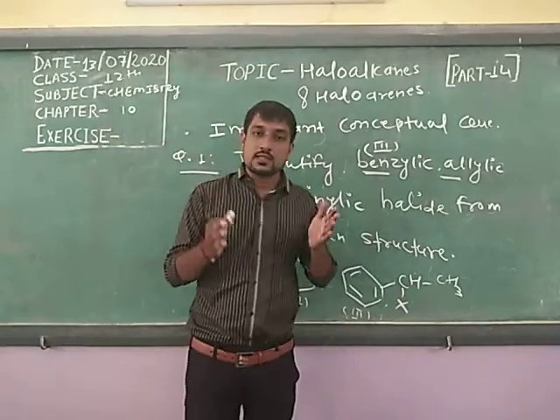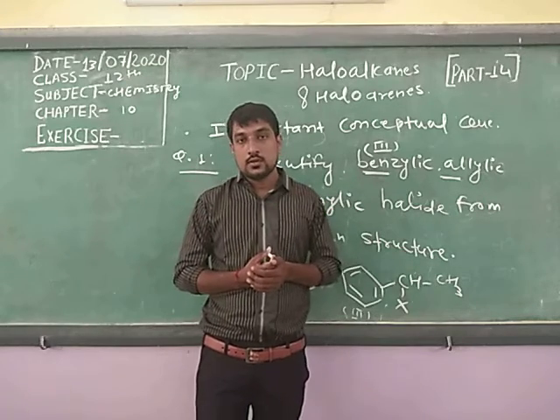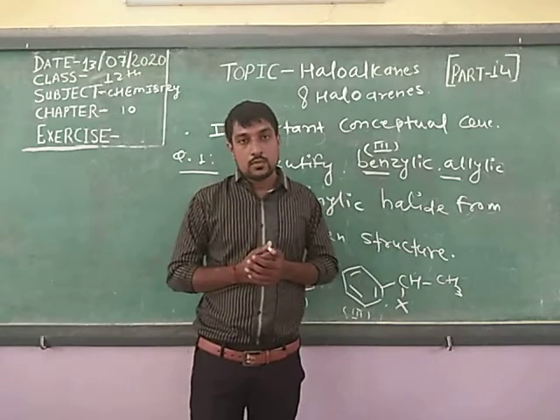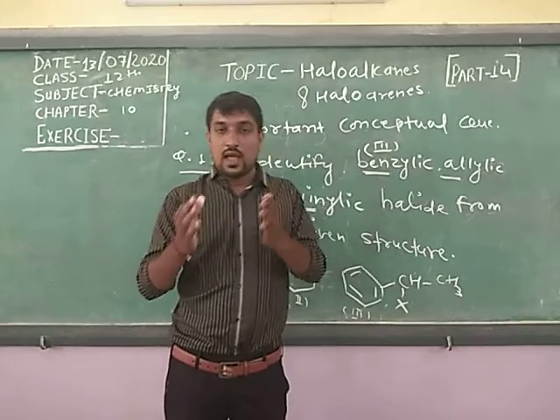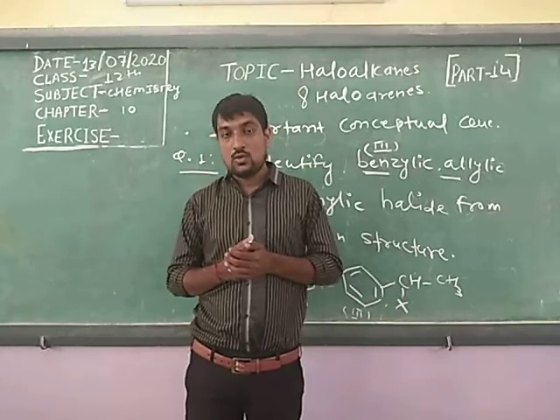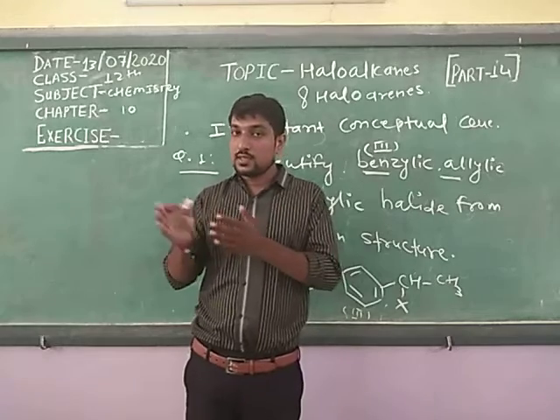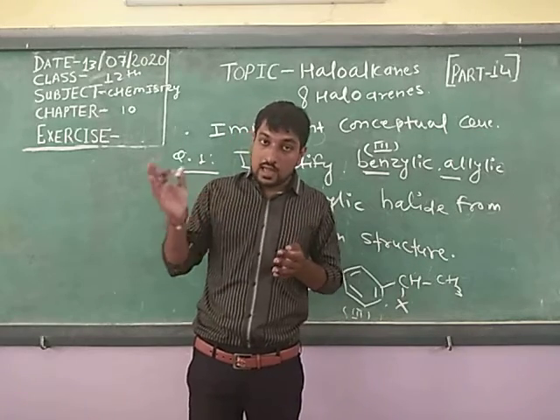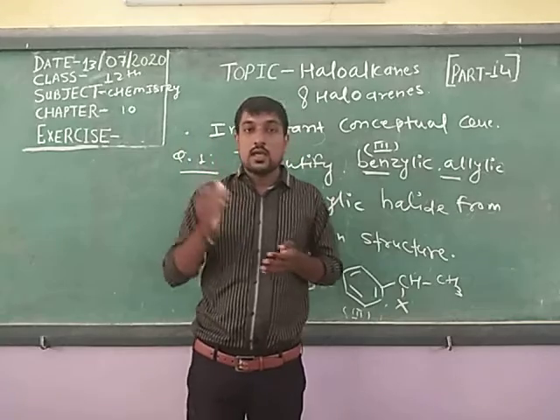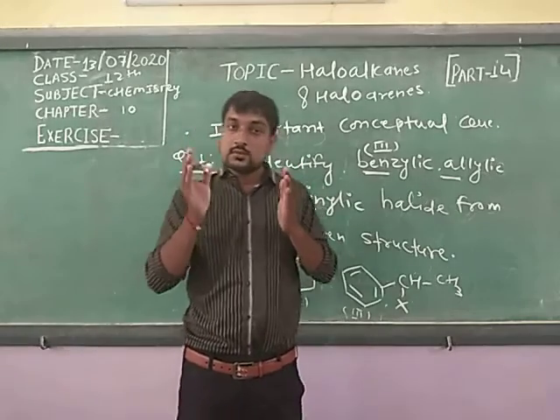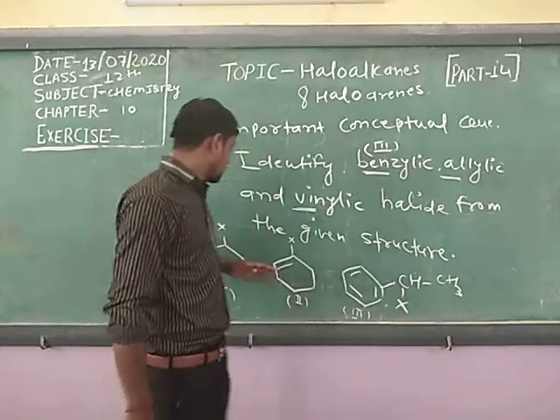So what is the definition of allylic halide? Allylic halide means the carbon has sp3 hybridization and the halogen is joined with the sp3 carbon.